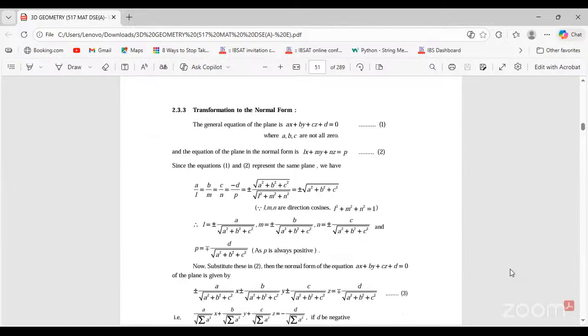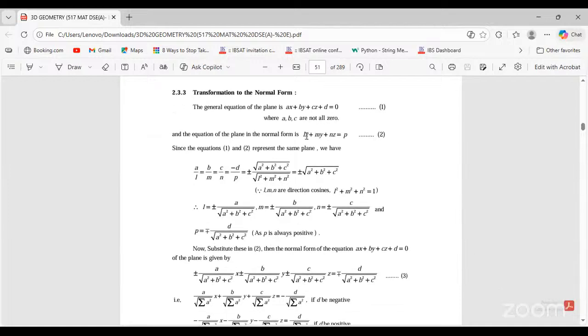So now the transformation of a normal form. We already discussed what L is. L is plus or minus a by the square root of a square plus b square plus c square.